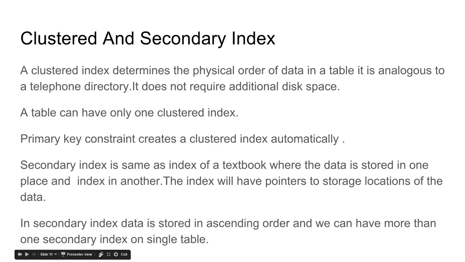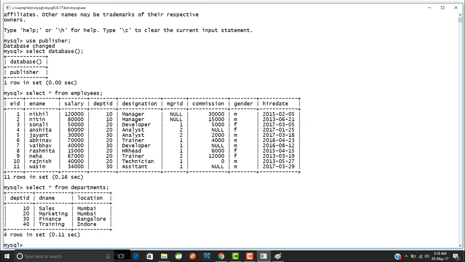Let us now go to the database and try to explore what exactly clustered indexes are. I will create a table, and the name of the table is test8. In this table I just create a serial number column.